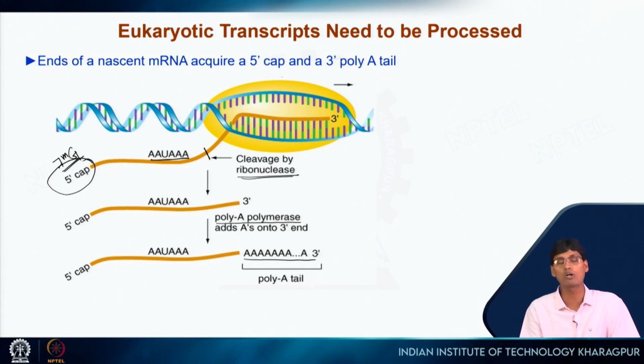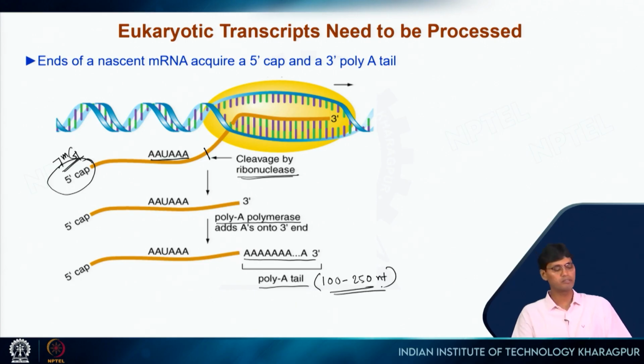This is template independent, so that means in the template we do not have the corresponding complementary residues present. This is template independent synthesis. So, it adds a poly-A tail at the 3 prime end. Generally the length of this poly-A tail is 100 to 250 nucleotides long.